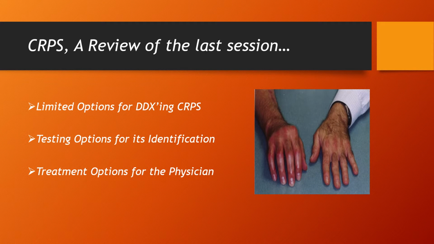But we have to keep in mind that there is not one magic bullet for treatment of an individual with CRPS. So that's why we provide a comprehensive management system, which would include 1, 2, 3, or all 4 of those management options that I just gave you. So with that behind us, let's get to today's topics.